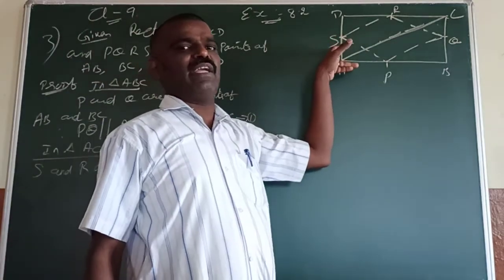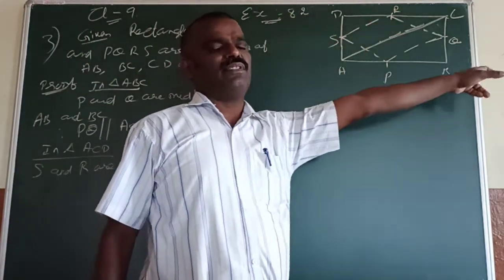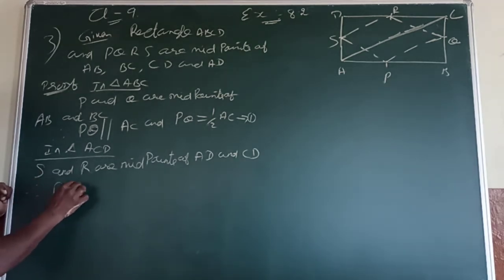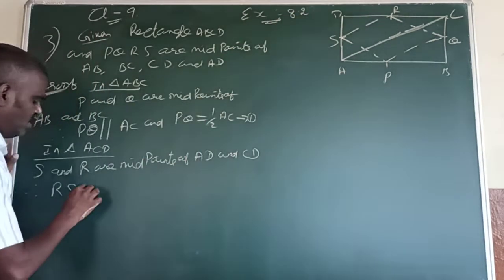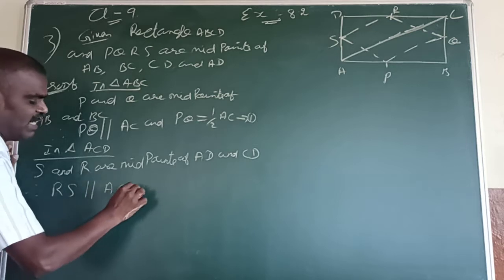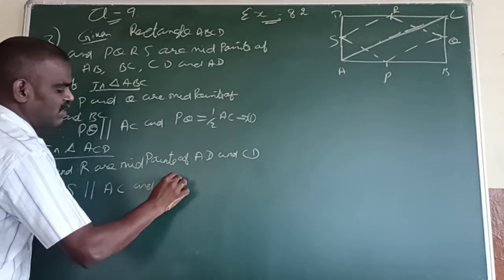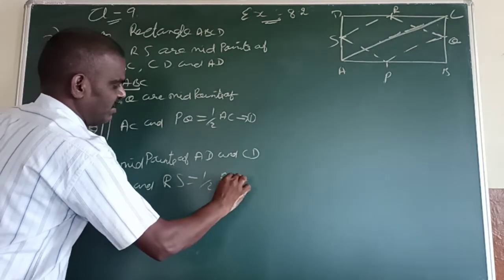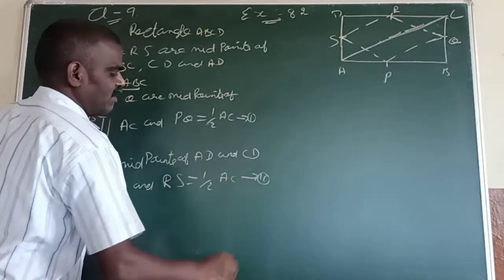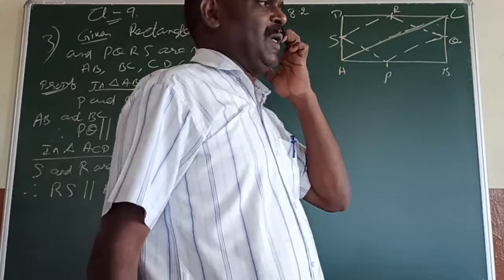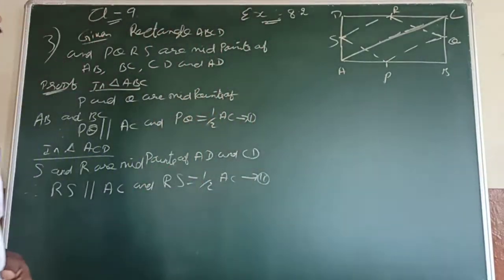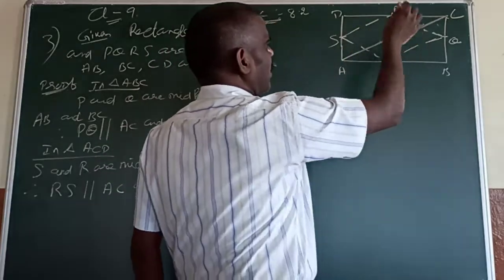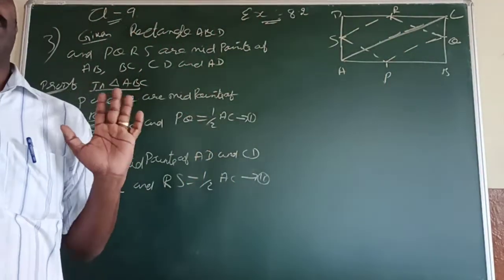S is a midpoint of AD, R is a midpoint of CD. Therefore, RS is parallel to AC and RS is equal to half of AC. That's the midpoint theorem here. So RS and PQ are equal.